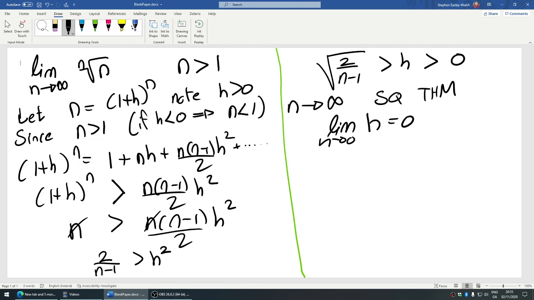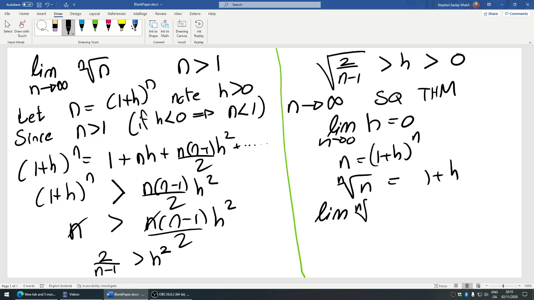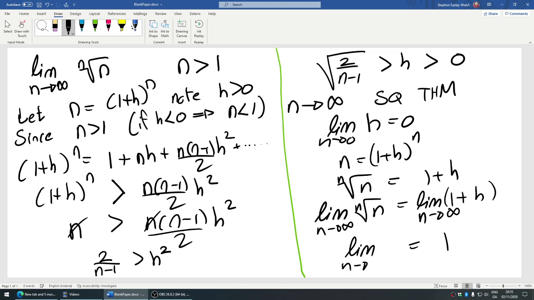Now, if n equals (1 plus h) to the power n, that means the nth root of n is equal to 1 plus h, which means the limit as n goes to infinity of the nth root of n will be the limit of 1 plus h as n goes to infinity, which we just said h will be 0, so we're just left with 1 here. The limit as n goes to infinity of the nth root of n is just 1.